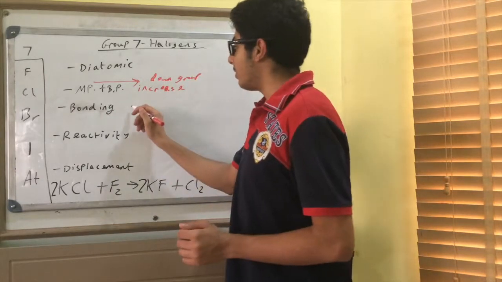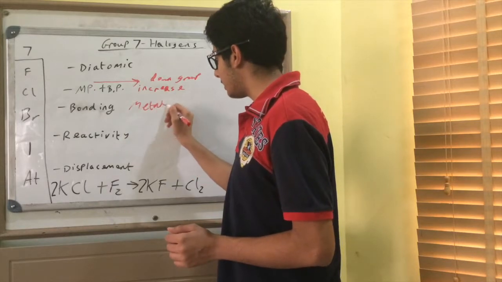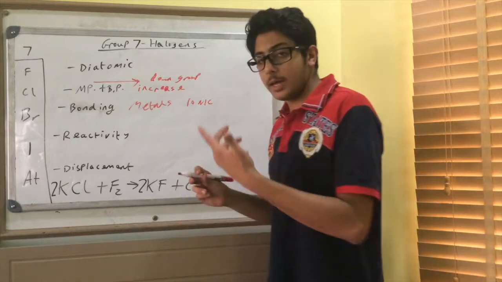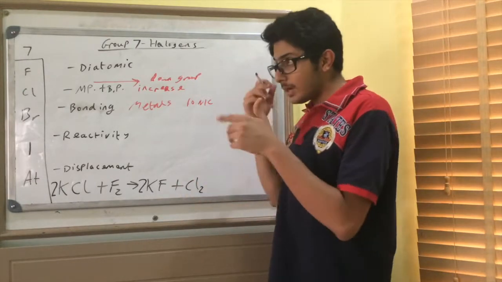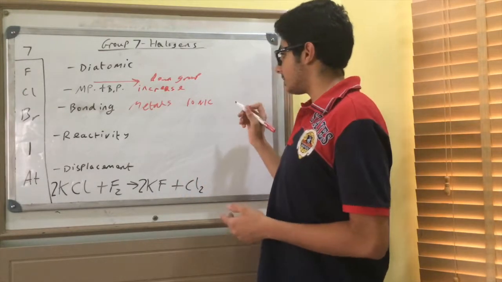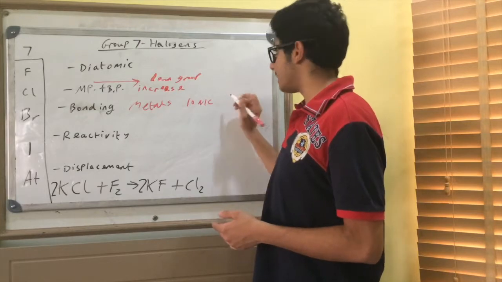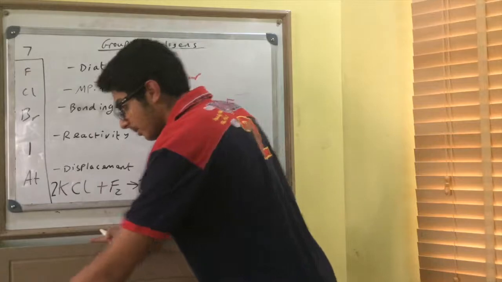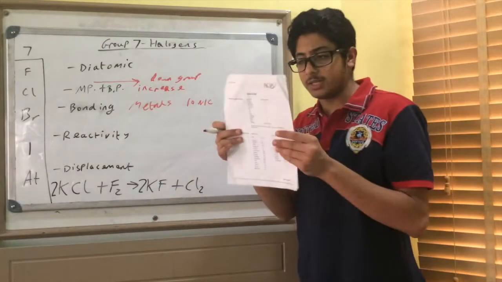Bonding with metals, they form ionic bonds. And so, what are their ionic charges? Well, it's minus. You've got fluorine. Actually, you don't need to know them because it's on your data sheet.